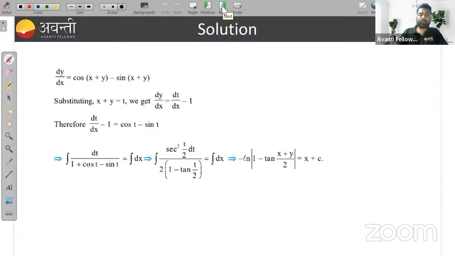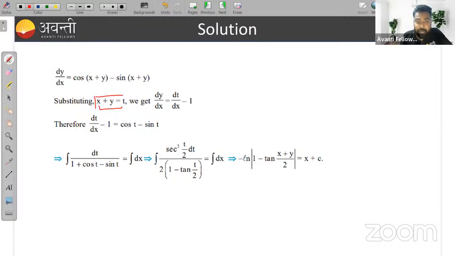Let's substitute x plus y is equal to t. If we differentiate both sides of this equation, what do we get? The differentiation of x is 1, of y is dy by dx, and of t is dt upon dx. So dy by dx becomes dt upon dx minus 1. So in place of dy by dx, we'll write dt upon dx minus 1, and cos of x plus y.